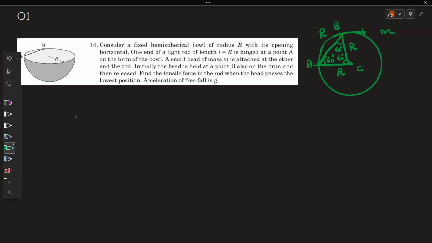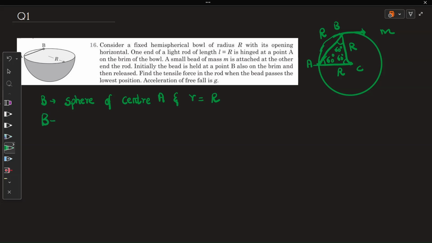So B always lies on the sphere of center A, and radius is capital R. Also, B will always try to remain in contact with the hemispherical bowl because of gravity.